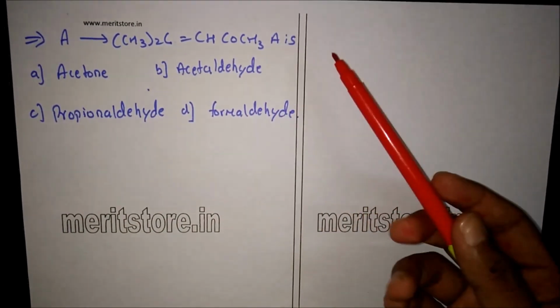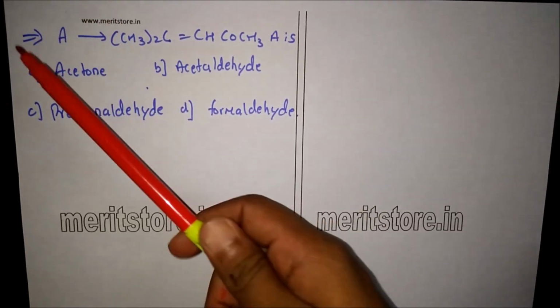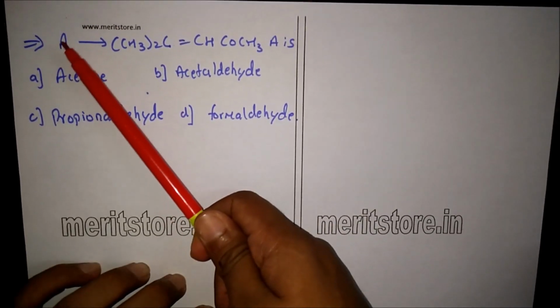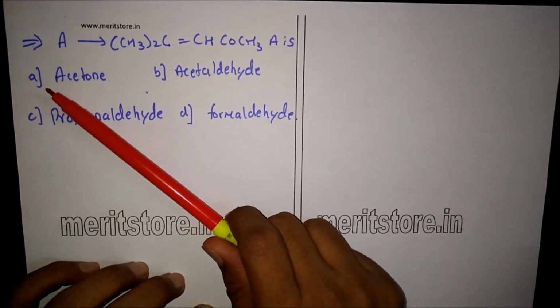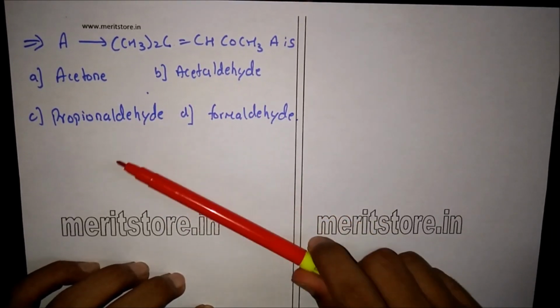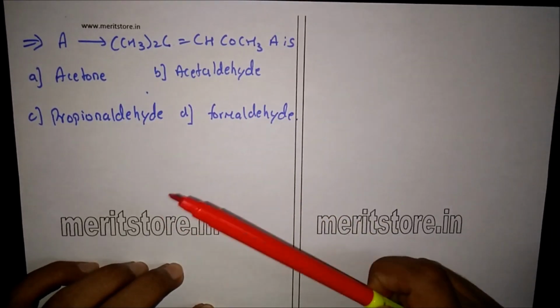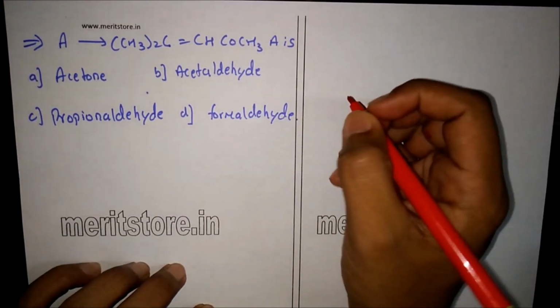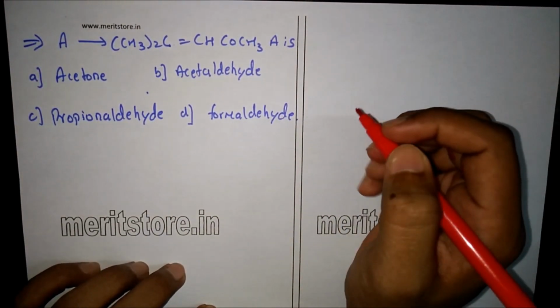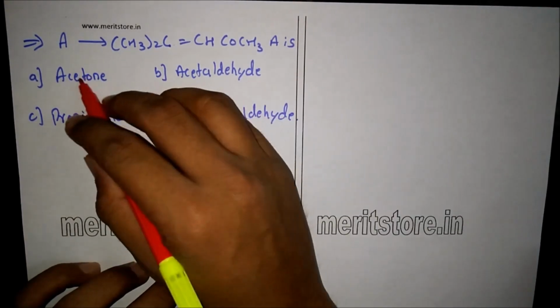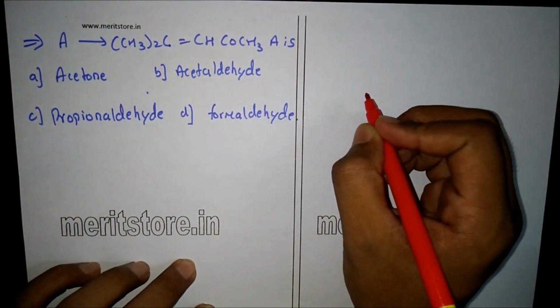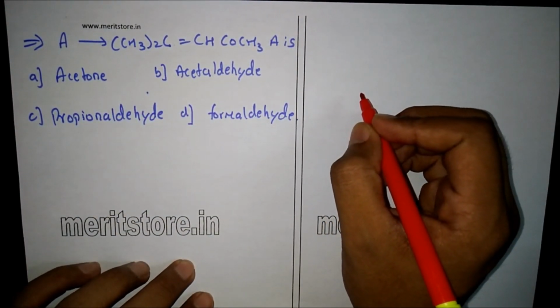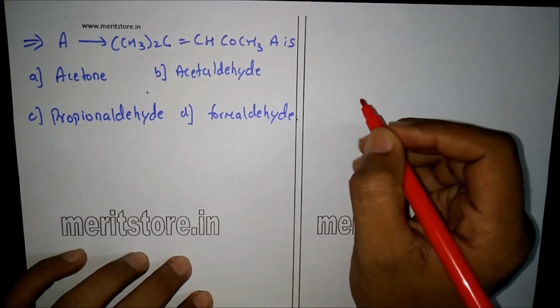Here is the given reaction. Now here we want to find the reactant A. Is it either acetone, acetaldehyde, propanaldehyde, or D, formaldehyde? Now, the answer is actually two molecules of acetone, option A. Two molecules of acetone condense in the presence of dry HCl gas to form mesityl oxide.